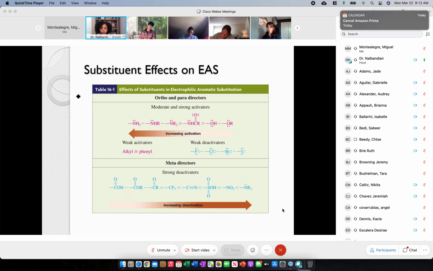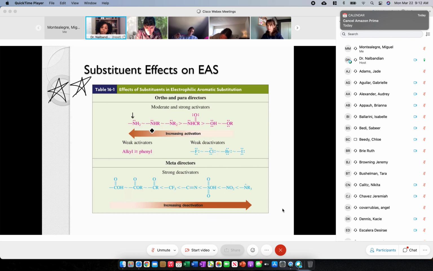So this is a table that you want to mark in your notes. It's very important. Increasing activation, you can see here that the strongest activator is going to be this aniline, where we have this NH2 attached to the benzene ring. That's going to work fastest, and remember, that's going to add to any open ortho and para positions.